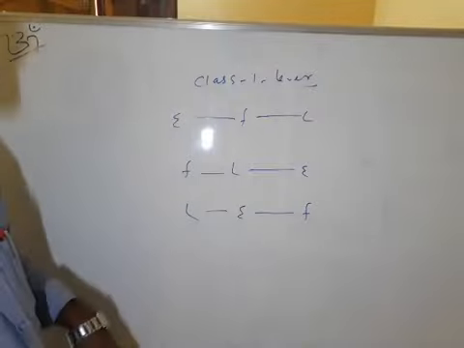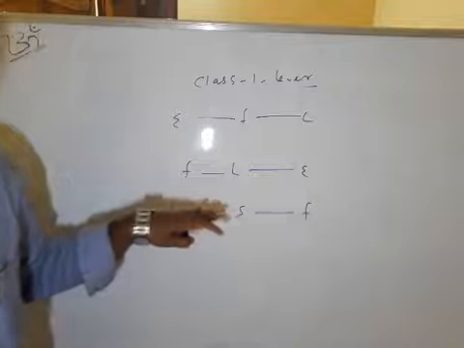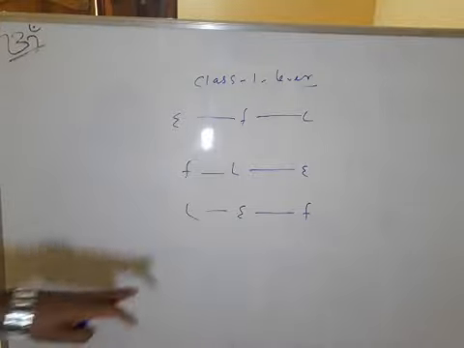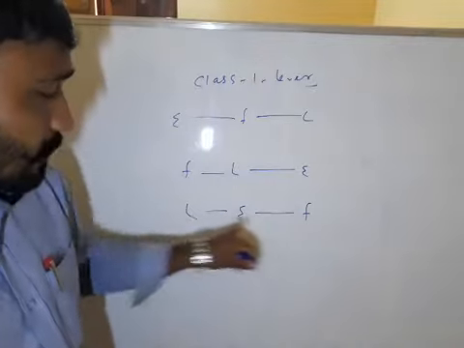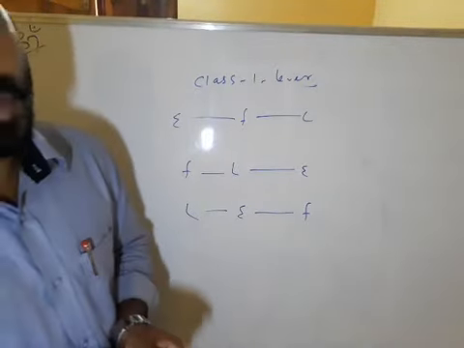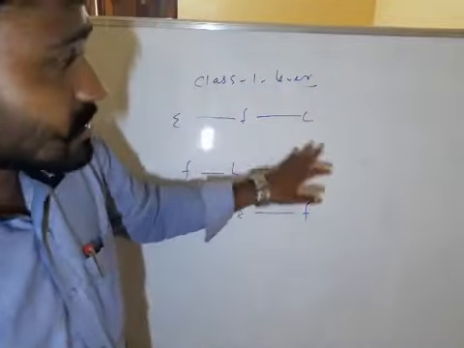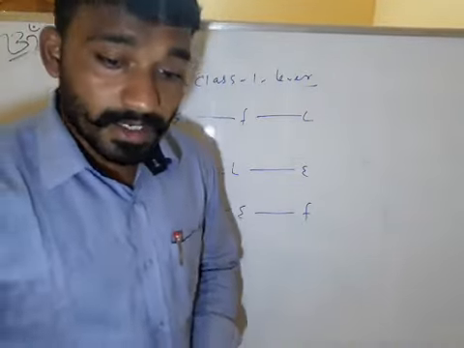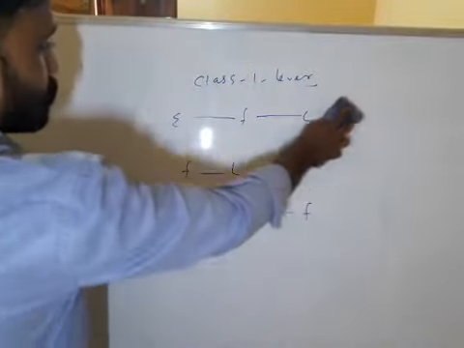In class 1 lever, the fulcrum is in between. In class 2 lever, the load is in between. Whereas in class 3 lever, the effort is in between fulcrum and load. Already we have discussed which one is called effort arm and which one is called load arm.